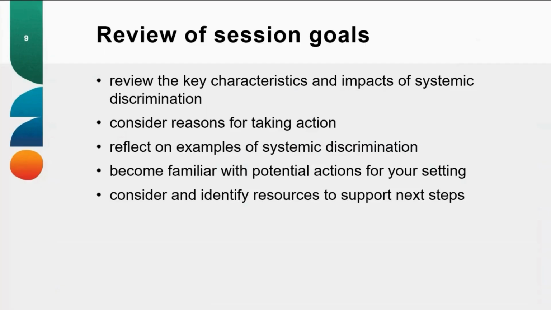Our goals included to review the key characteristics and impacts of systemic discrimination, consider reasons for taking action, reflect on examples of systemic discrimination in your organization or community that you would like to see addressed, become familiar with potential actions to address issues in your organization or community, and to consider and identify resources for next steps. On the next slide, we'll provide some reflection questions that should help you to determine how well we succeeded in meeting these goals.